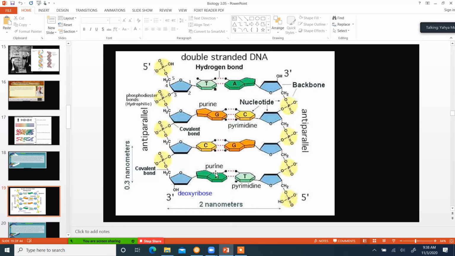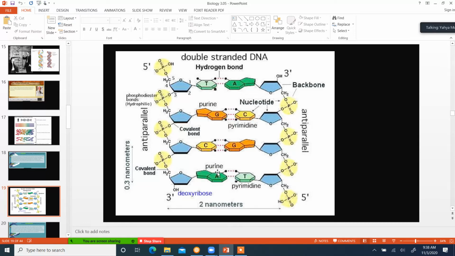Now the big ones, remember, A and G, the ones that are big in size, are called purines. These are like a hexagon and a pentagon put together. The smaller ones, T and C, are called pyrimidines. Notice you always have one purine and one pyrimidine.